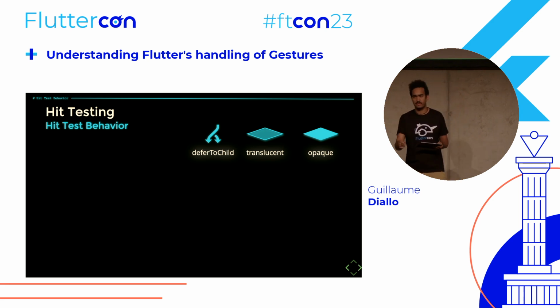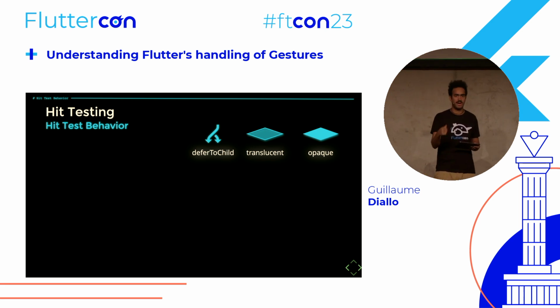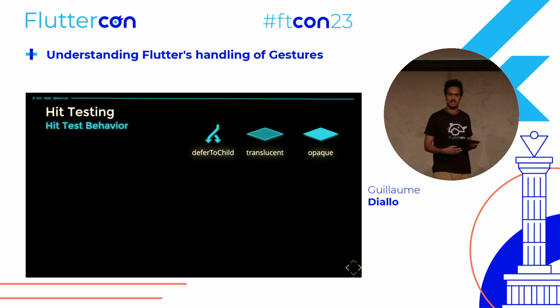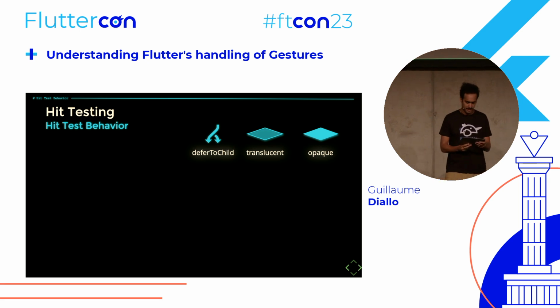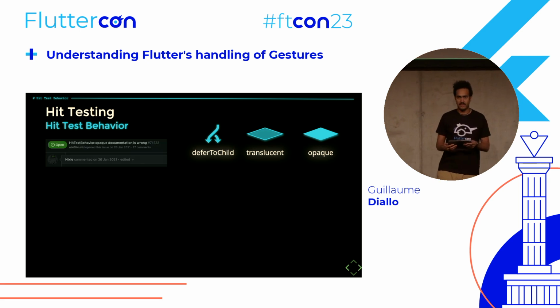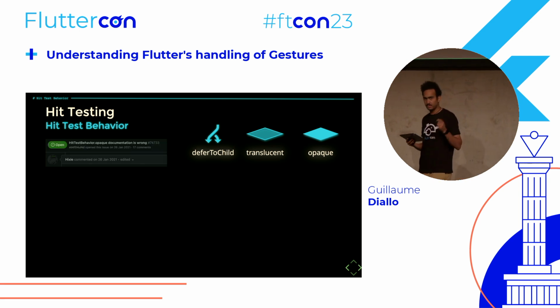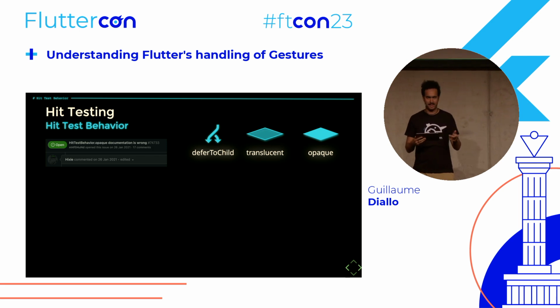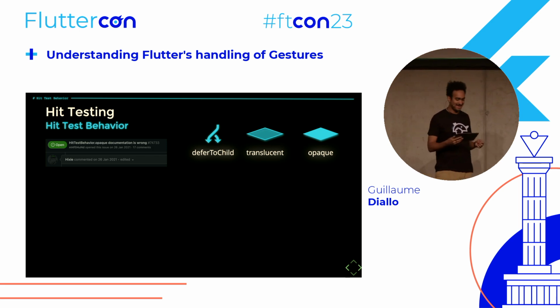The event was never understood, captured by the underlying button. So I was thinking I must be doing something wrong and misunderstanding something from the documentation. So I went into GitHub and I found this very interesting issue called hit test behavior.opaque documentation is wrong. I figured, okay, I'm not the only one thinking that.